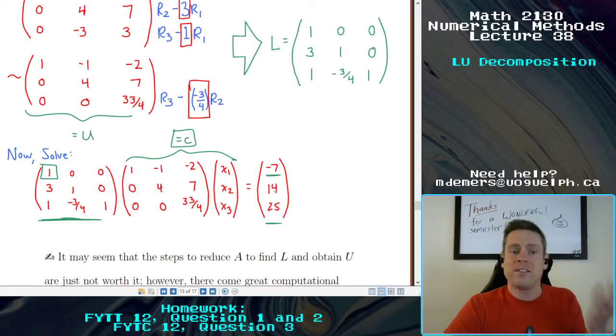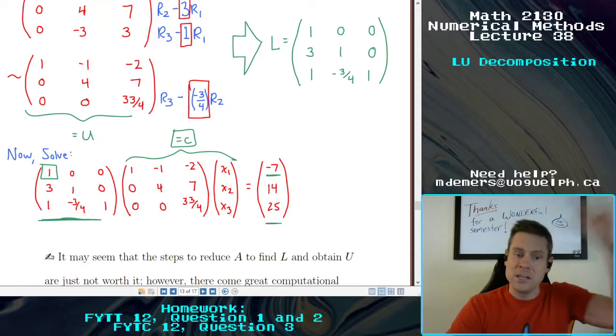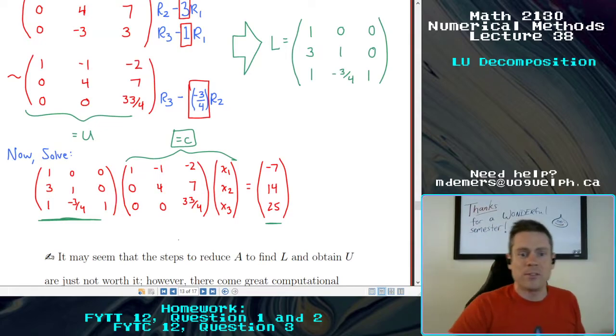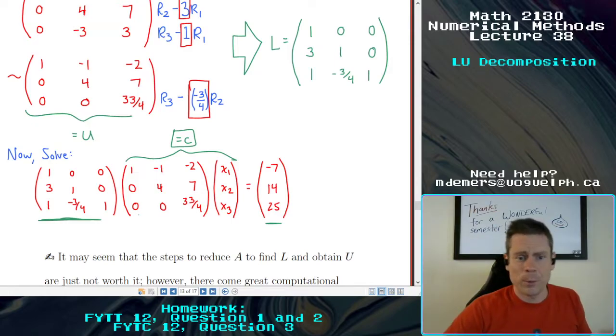And so I know that C1 has to be negative 7. I can use that to find C2 using these 2 coefficients. And then we can back substitute and find the last ones. So you see, I can take those values of C and figure out what those are.